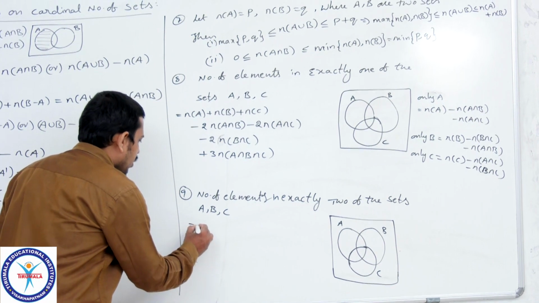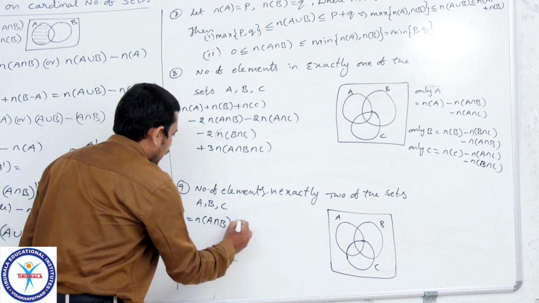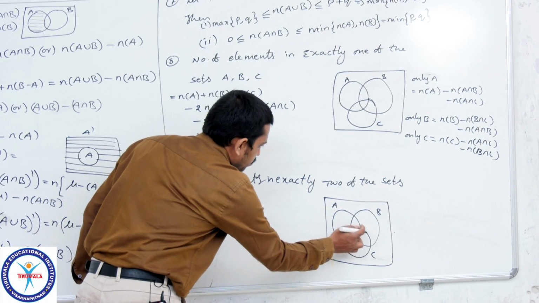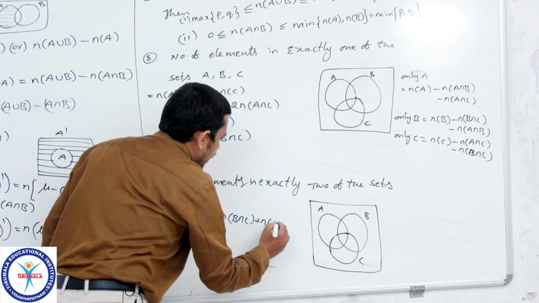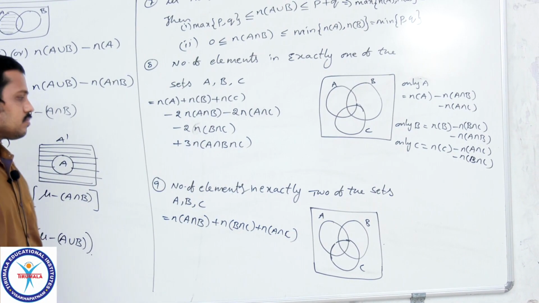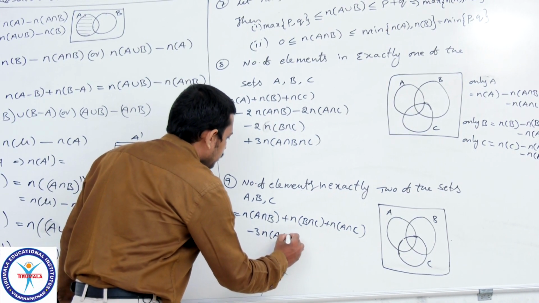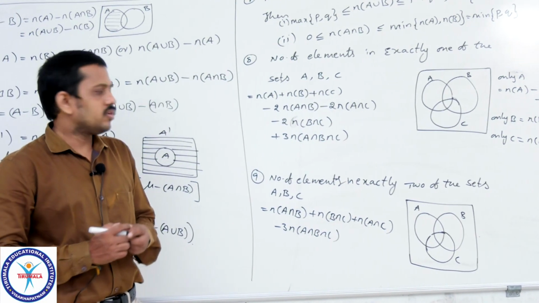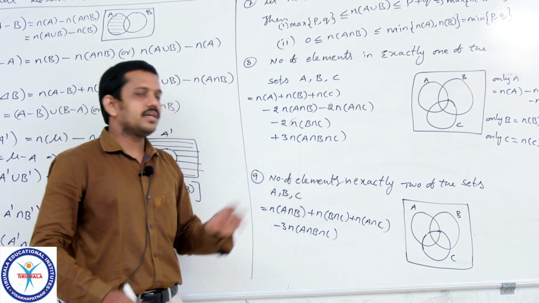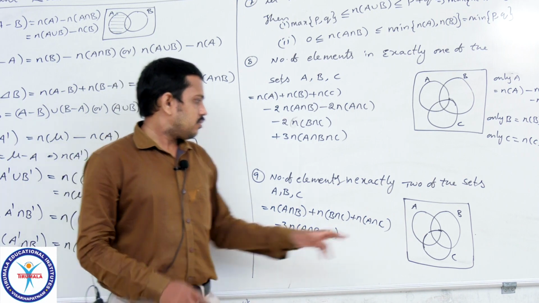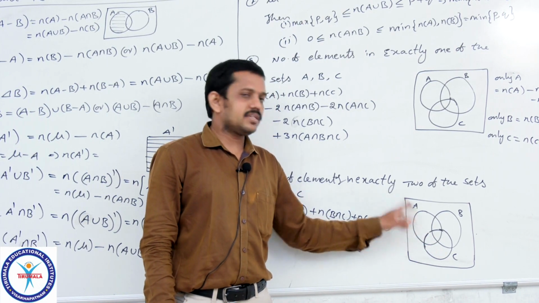In 2 sets is equal to the number of elements common to A intersection B plus the number of elements common to B intersection C plus the number of elements common to A intersection C minus 3 into the number of elements common to A intersection B intersection C. So, this gives the number of elements exactly in 2 of the sets A, B, C, means belonging to either A and B, or B and C, or C and A.